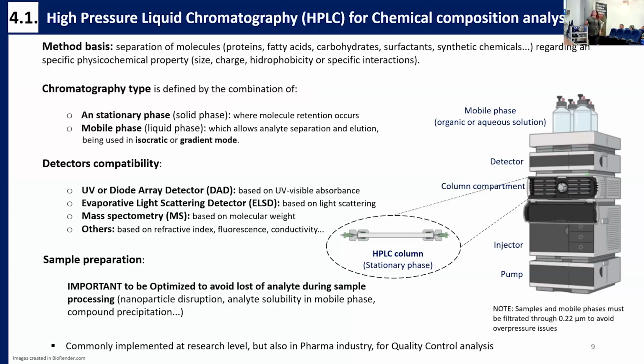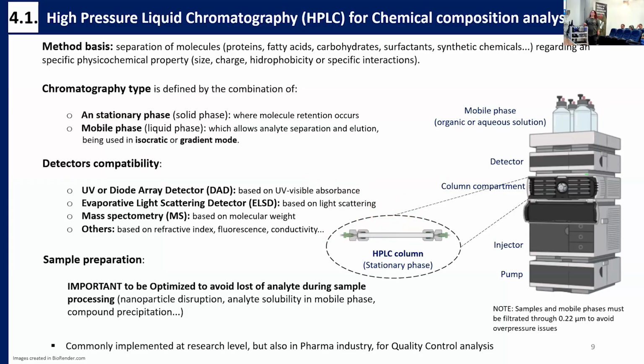The mobile phase instead is the liquid phase that we will prepare, and normally there are some that are defined for specific HPLC columns and chromatographies, and we will flow them through the stationary phase in order to allow the retention or the separation of the molecules at different times of the process.